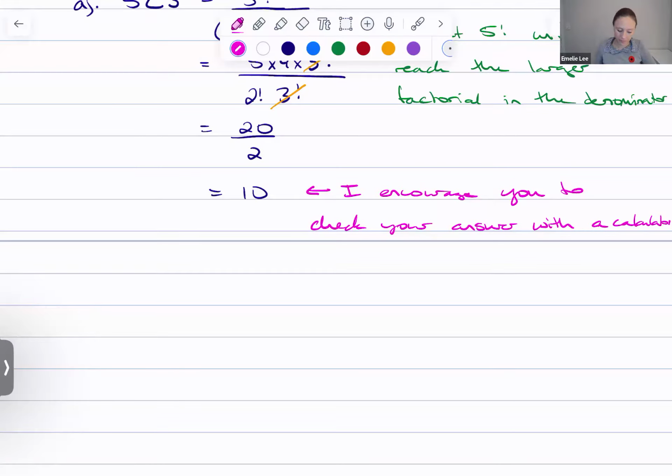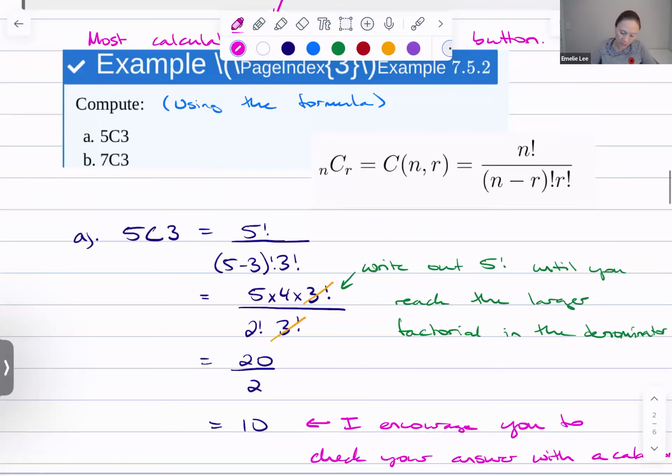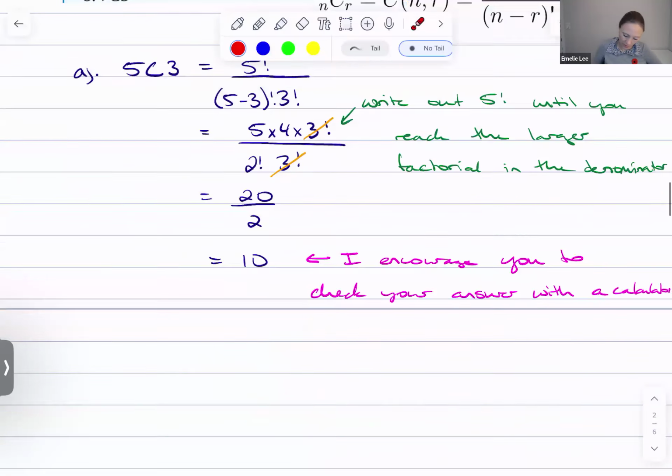But I do want to see those cancellations of the factorials, right? And writing out and showing me that you understand what a factorial is, right? And so 7 choose 3. Let's do that one.